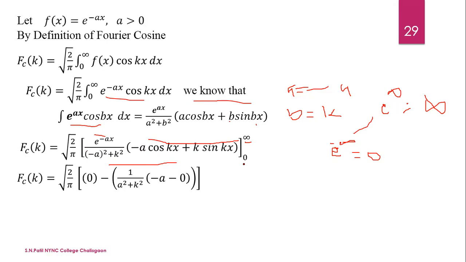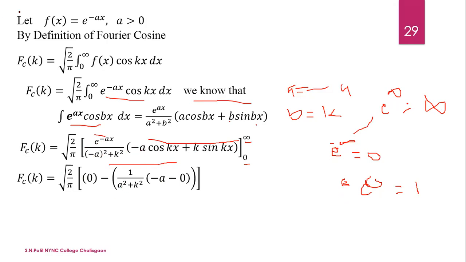Now lower limit, put x is equal to 0. When we substitute x is equal to 0, e raised to 0 is 1. So here e raised to 0 is 1, minus a square means plus a square.